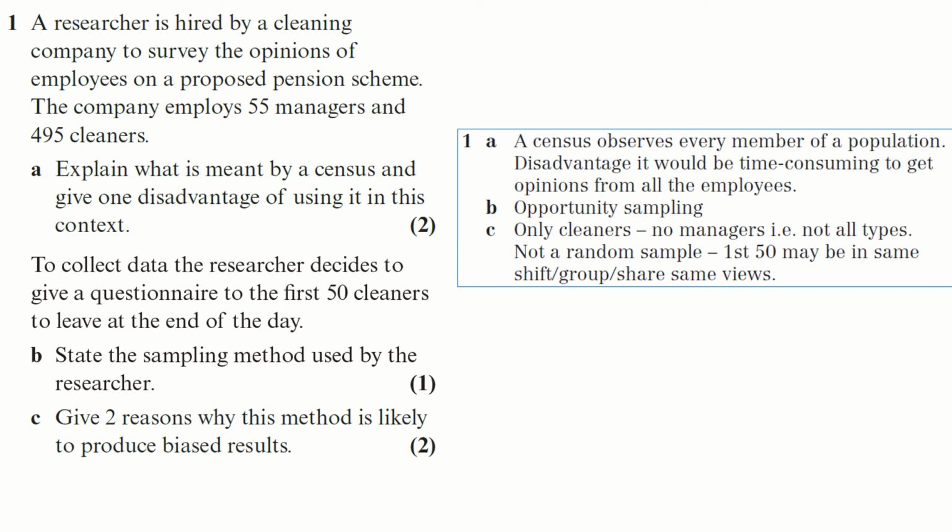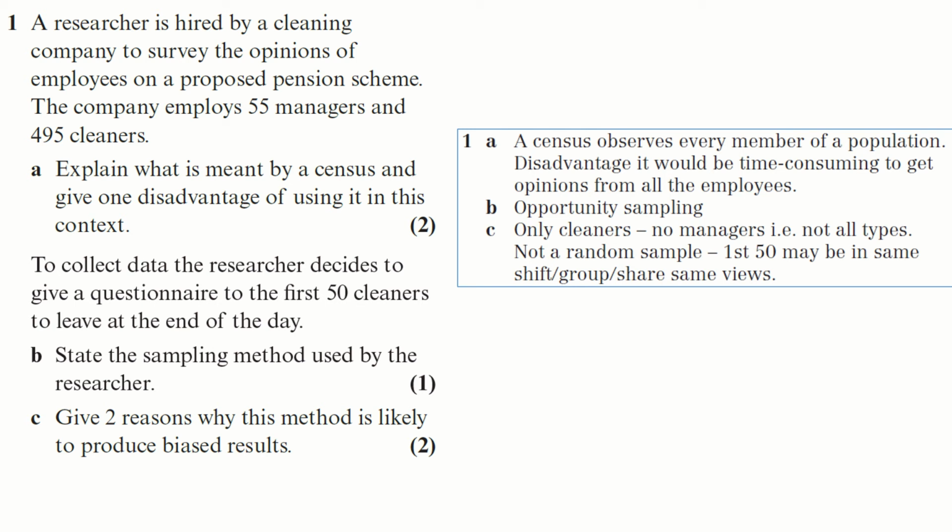A census is when you ask every single person that it affects, so that would be asking all 550 of them. And it says give one disadvantage of this in context: it's very time consuming and it's potentially expensive if people are paid per hour and you're taking up everyone's time for it.